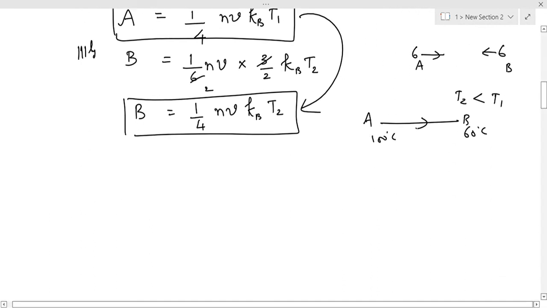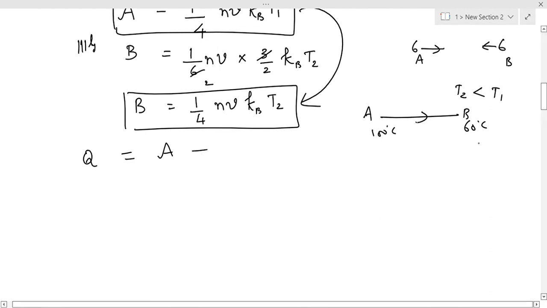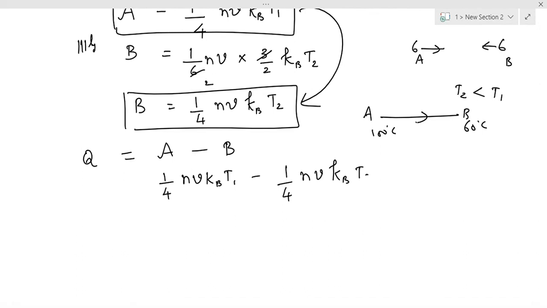In that way, the net quantity of heat energy transferred is 1 by 4 nv kB T1 minus 1 by 4 nv kB T2.